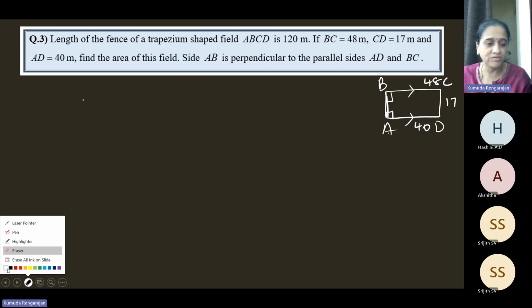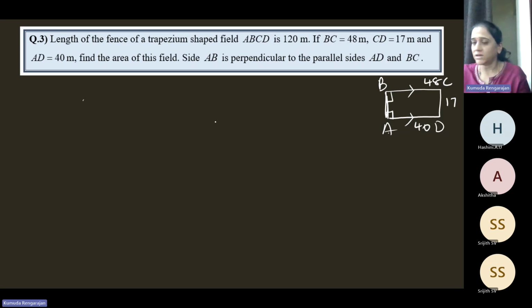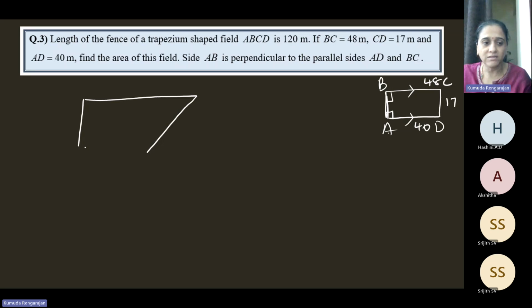Now looking at the dimensions there. This one is perpendicular, so draw that straight. Then this should be longer. It's a trapezium, so you need to come like this. And this is shorter.